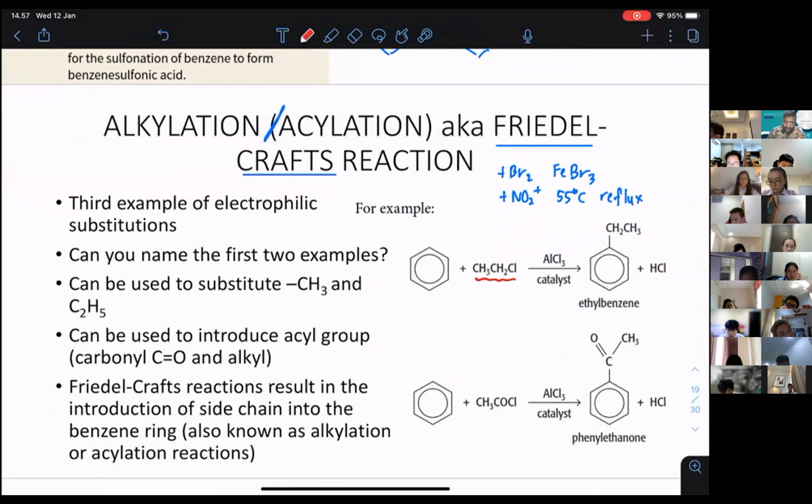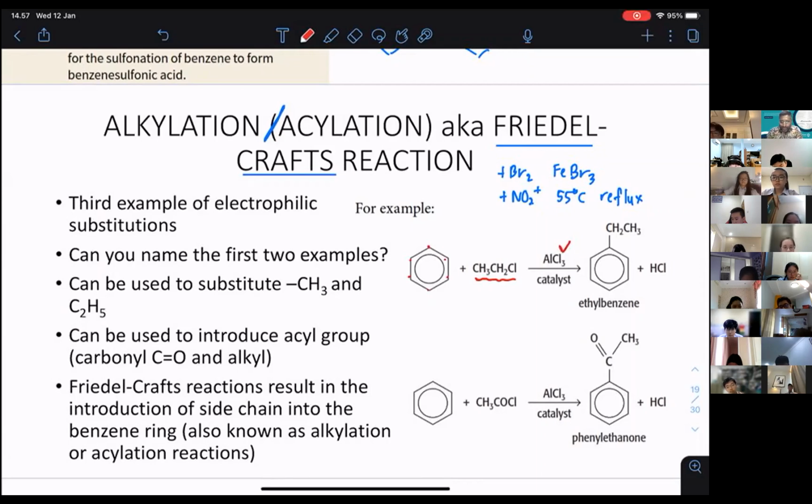Then you use the same method, the AlCl3 catalyst, because you are trying to put the alkyl group directly onto the carbon in the benzene. If you want to put anything directly onto the carbon, then you must have a halogen carrier. That's why you must have the catalyst.